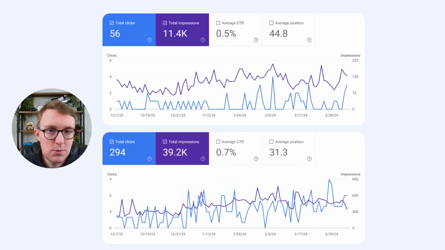So between these 2 graphs, obviously the 294 clicks would be preferable, and it has a better click-through rate. But really what that's just reflecting is probably the topic, and knowing the niches of these 2 sites. The overall niche is bigger for the site that has 294 clicks. So this is pretty consistent with what I typically see with a new site.